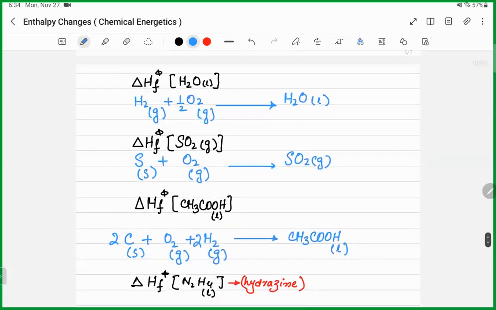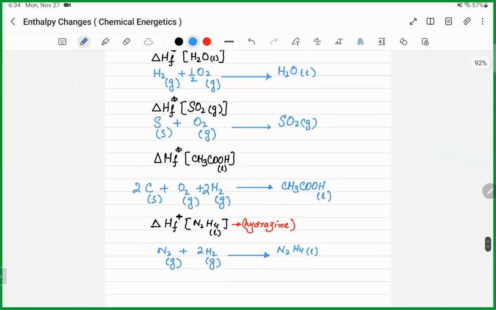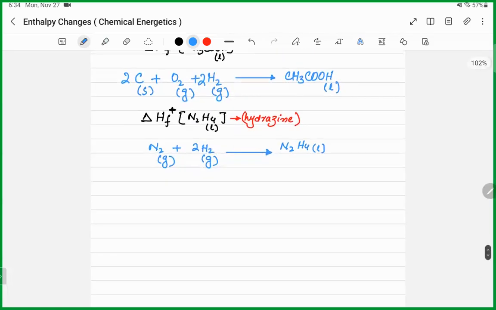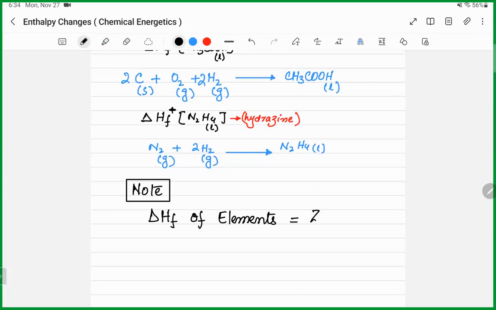तो I'm sure if I give you any molecule, no matter whether you know that molecule or you have no idea what molecule it is, you can write down the equation for the formation. सही है? दूसरी एक important बात नोट करके यहाँ लिखेंगे. Enthalpy change of formation of elements, ये तो compounds हैं ना सारे, is always 0.